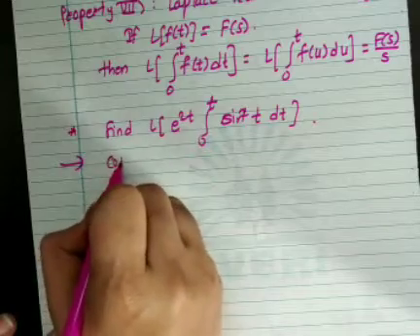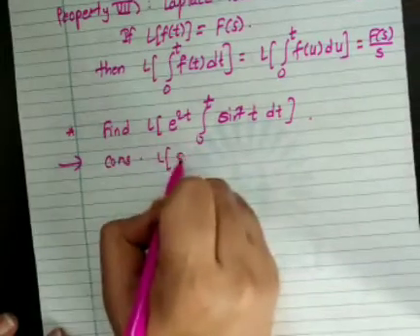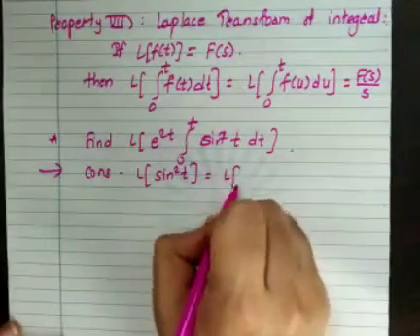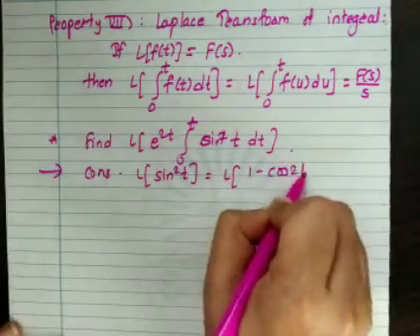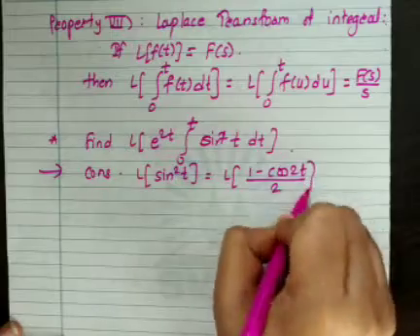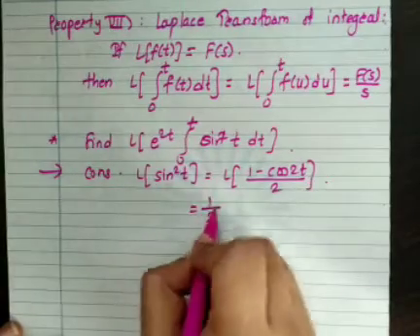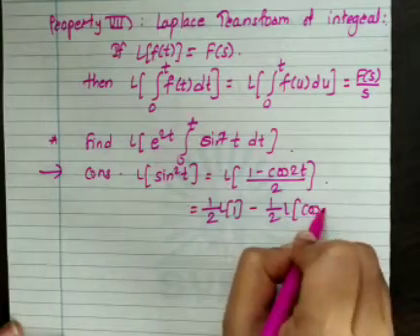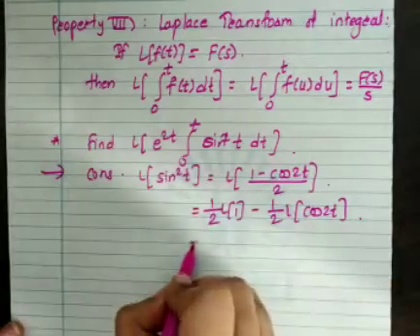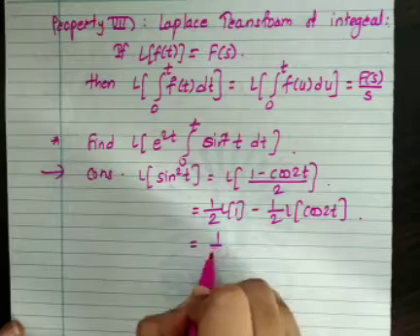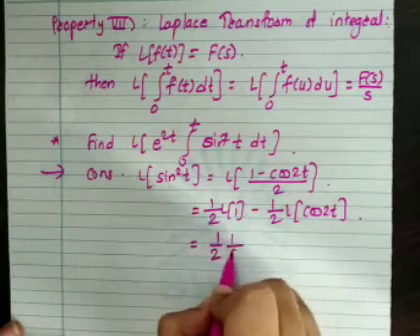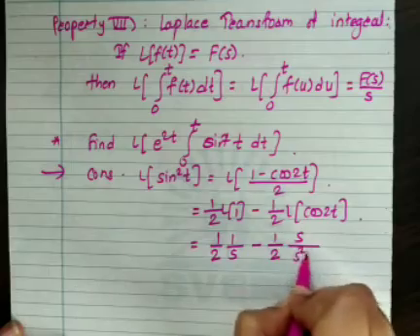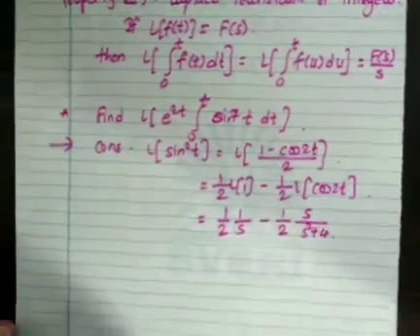So we'll first consider the Laplace transform of sine square t, that is Laplace of (1 minus cos 2t) upon 2, that is 1 half Laplace of 1 minus 1 half Laplace of cos 2t, that is equal to 1 half into 1 by s minus 1 half into s upon s square plus 4.